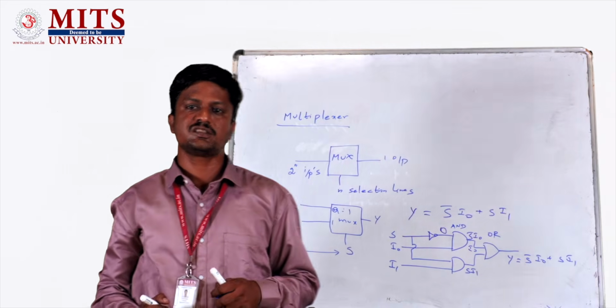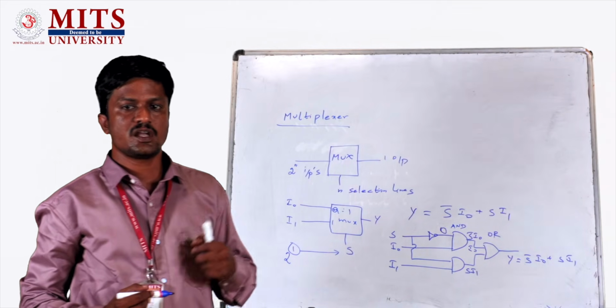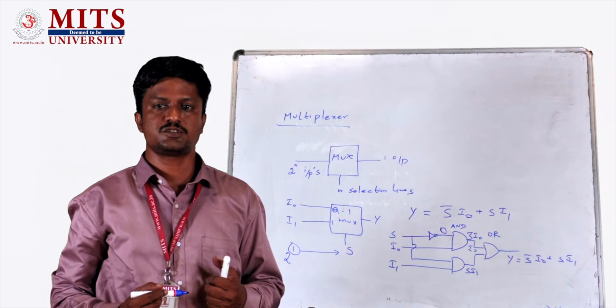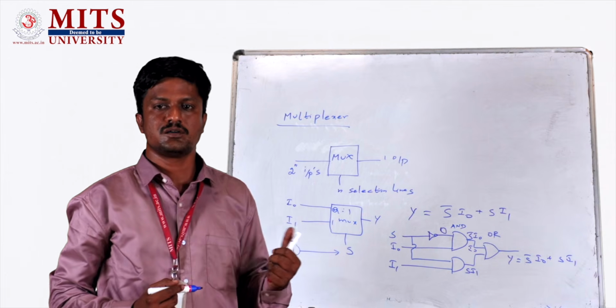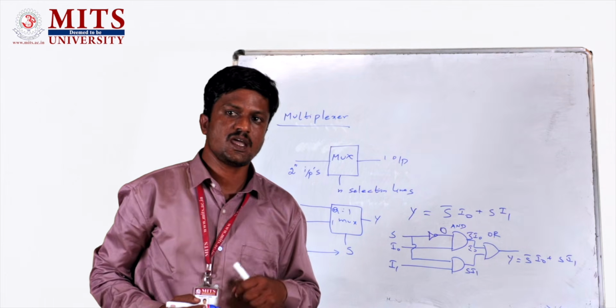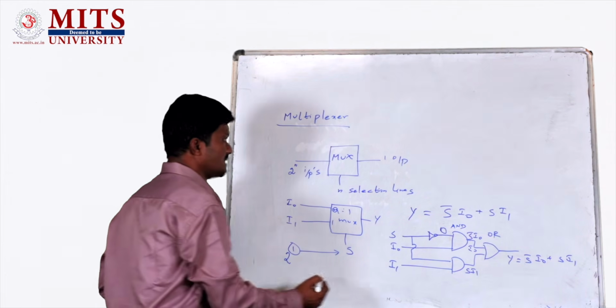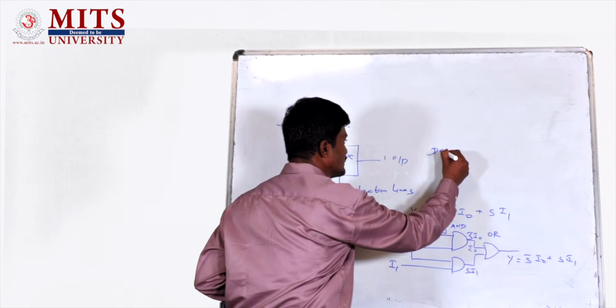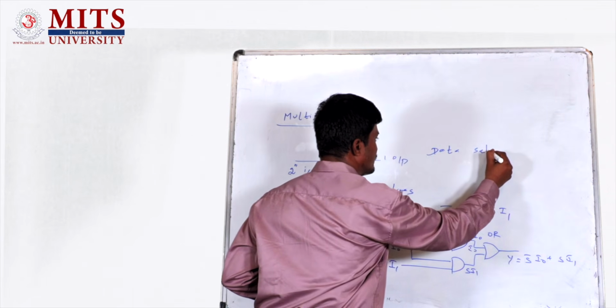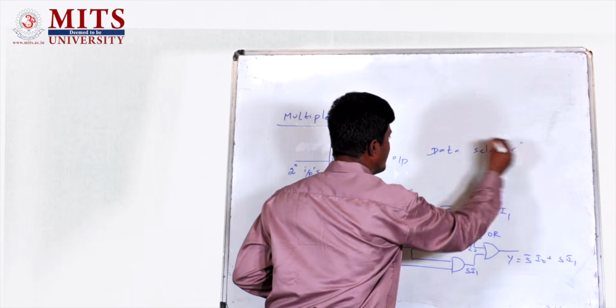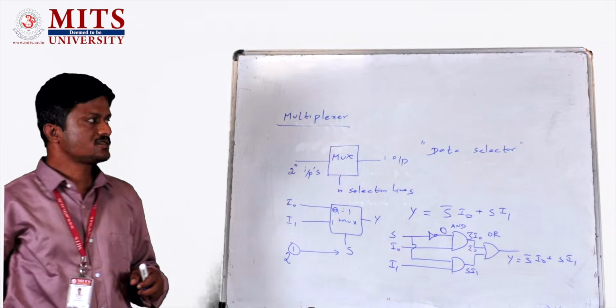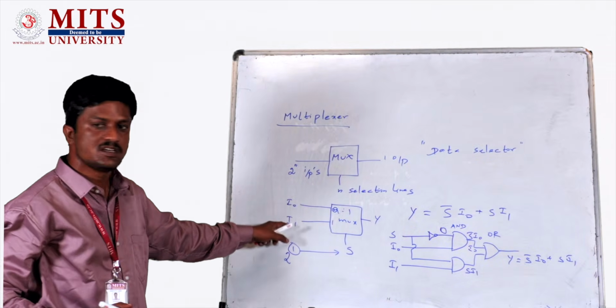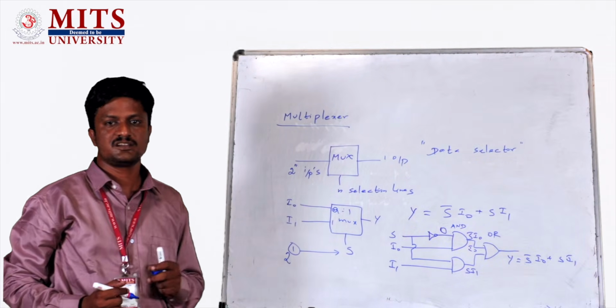So based on the selection lines, you are selecting the data inputs, either I naught or I1. That's why another name of the multiplexer is also called data selector, because the data is selected based on the selection lines.